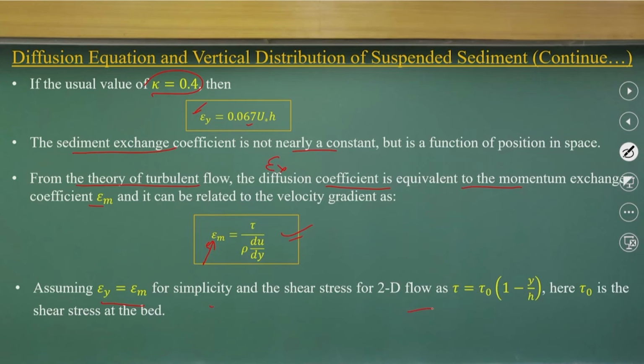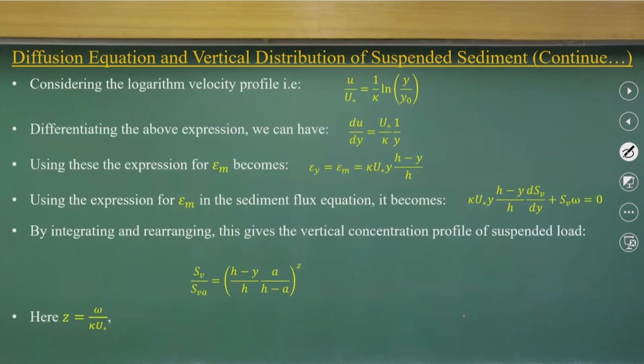And then you can also find the shear stress distribution as a linear distribution, where tau naught is the shear stress at the bed. It is a very simple thing. Just substituting these values, interestingly, we can use the logarithmic velocity profile, which we have discussed a lot earlier, that the velocity distribution is logarithmic.